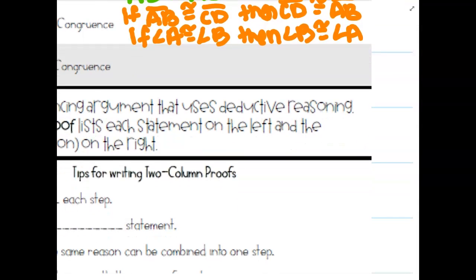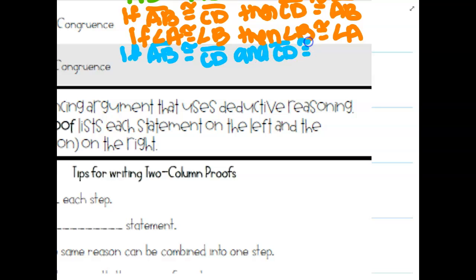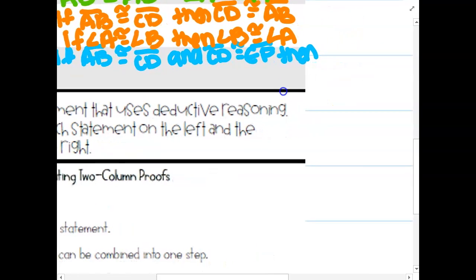So let's start with the segments. If segment AB is congruent to segment CD, and segment CD is congruent to segment EF, then you can connect the first and the last together.